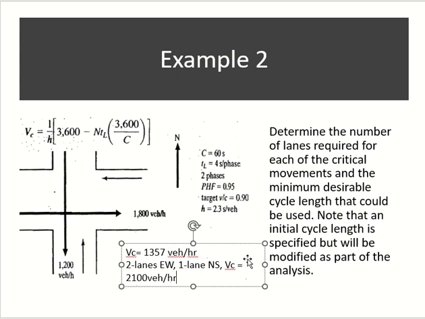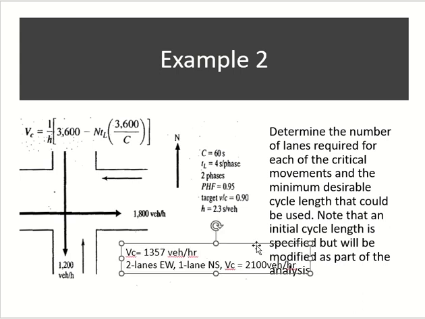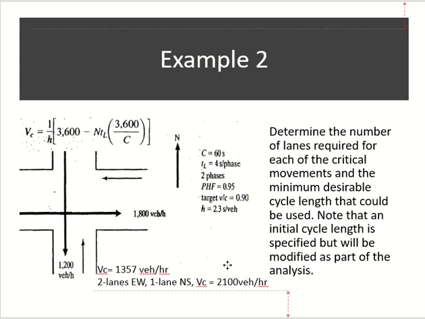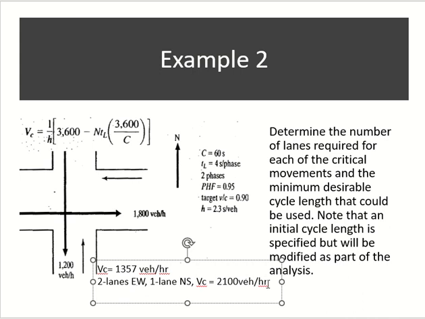I need to add more lanes. Now in the east-west, each lane is already carrying only 900. In the north-south, the lane is carrying 1200, right? So I should increase the number of lanes where? North-south. So north-south will become how much now? 600.